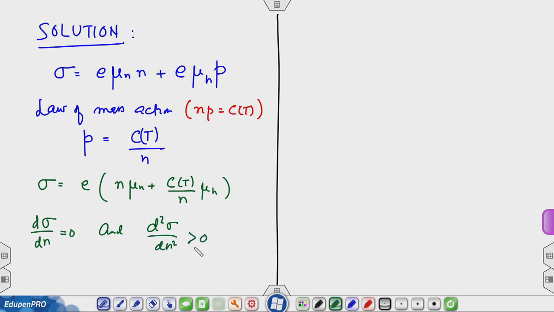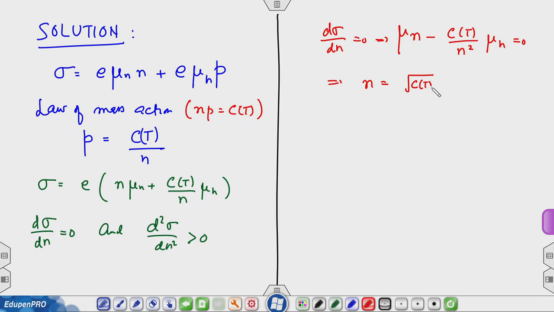So, let us first do the first condition. d sigma over dn equals 0 gives mu_n minus C(T) over n square mu_h equals 0, and this gives n equals square root of C(T) times the square root of mu_h over mu_n.